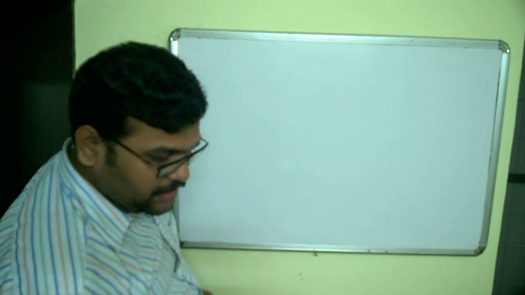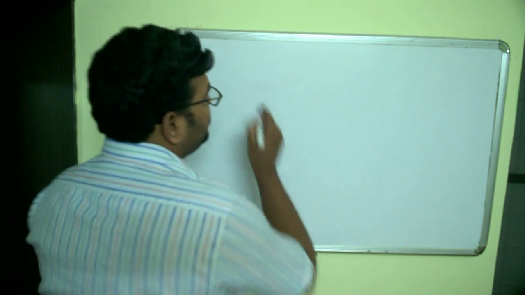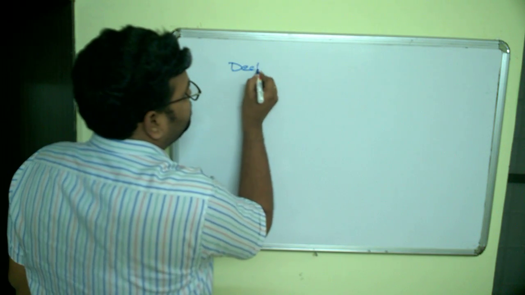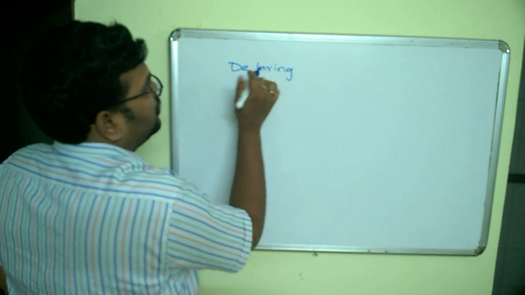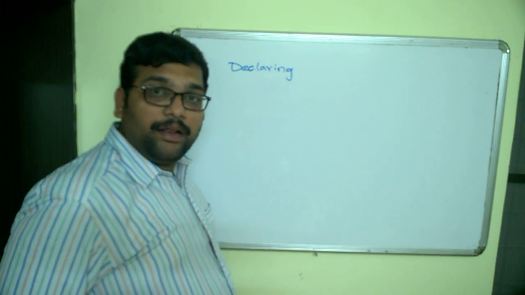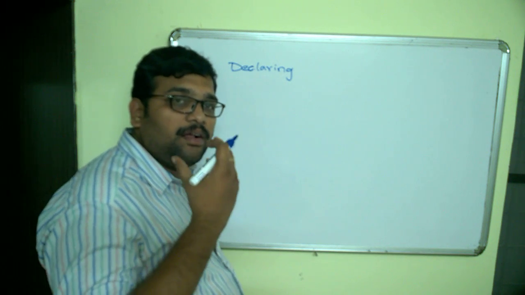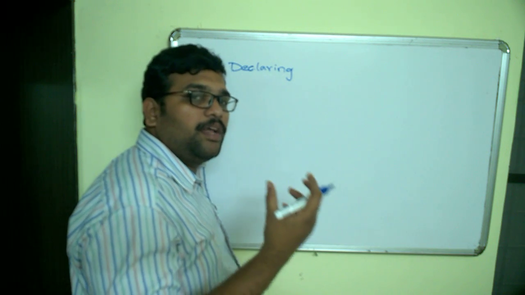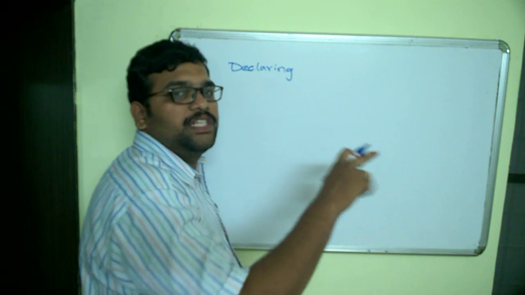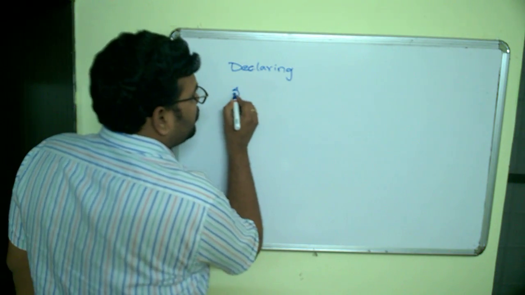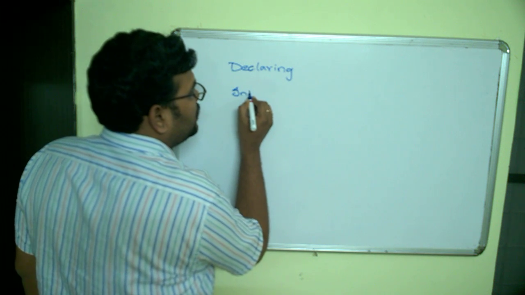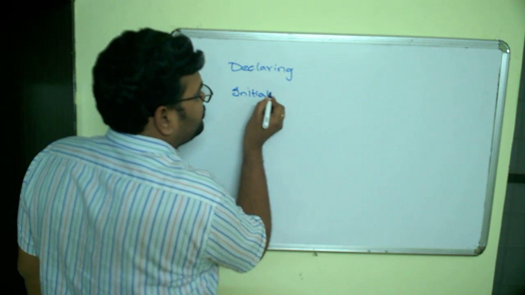So the first step while writing a C program is declaring variables. Declaring the variables means we are giving the information to the compiler that we are going to use those variables in our program. And then immediately after the declaration, we have to initialize the variables.